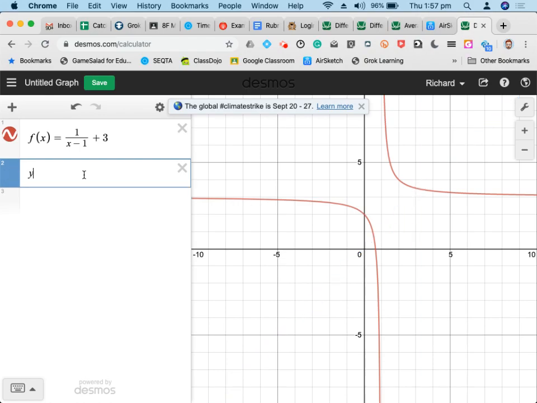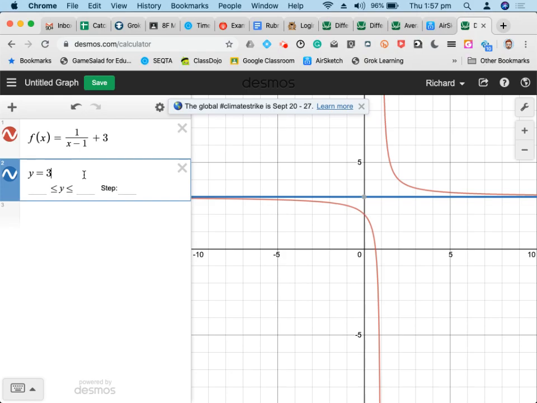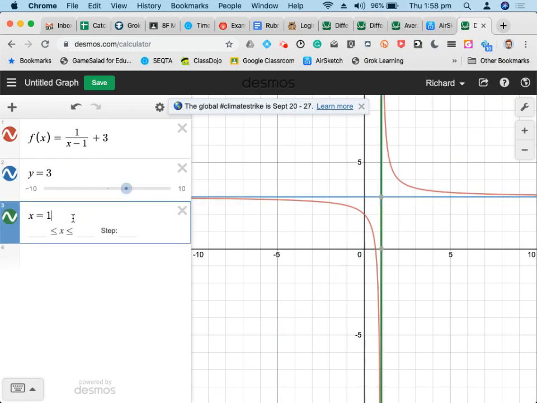Whoops, wrong way around, Richard. At y equals 3, the function is heading towards that value from either side of 1, but doesn't actually get there at 1. So as x approaches 1, we can see the function approaches 3. Okay, so that's the general idea with convergence.